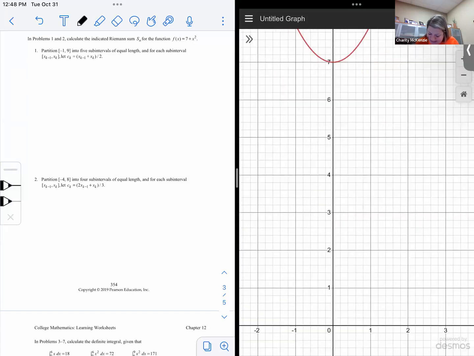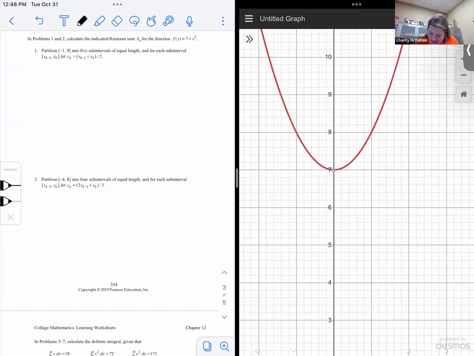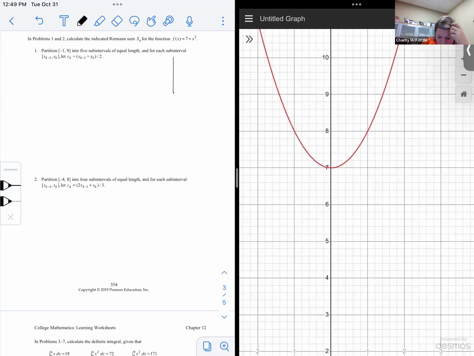And you can see here, this is 1, and it's about 9 or 8, excuse me, and so forth. So I'm just going to sketch that over here just a little. And we want to go from -1 to 9.